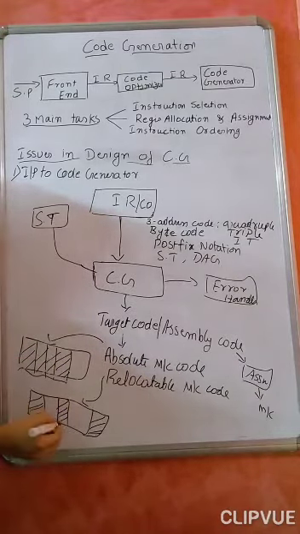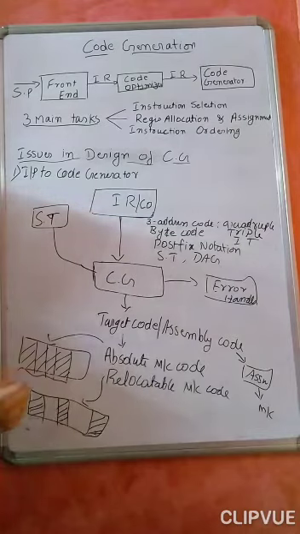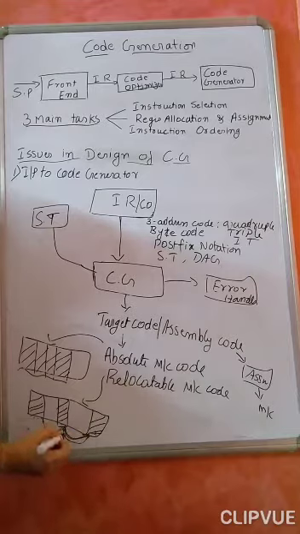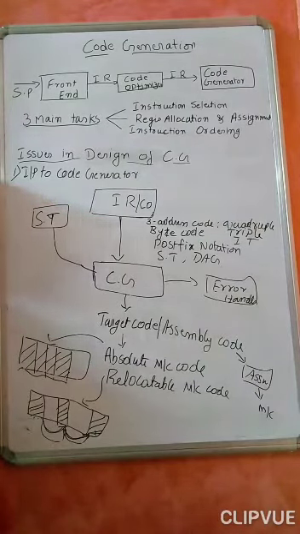Whereas in this case, the object code of different sub problems will be stored in different memory locations, and here you can use dynamic memory allocation also. Here you need to provide this to the linker, because a function call may call the output of another sub problem. So before your execution completes, the different sub problems have to be linked together. All these things need to be done in the relocatable machine code.